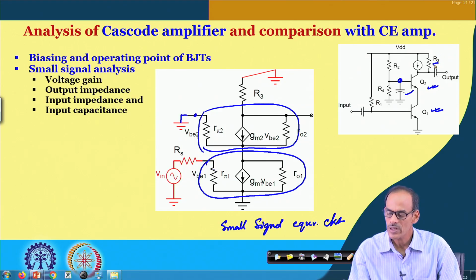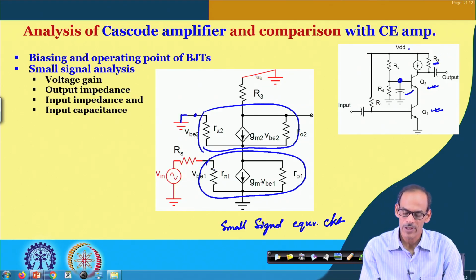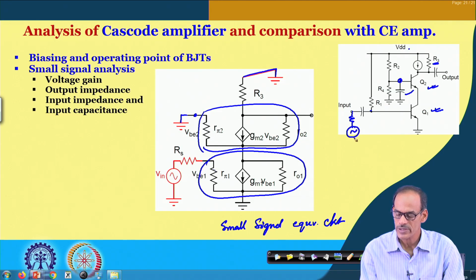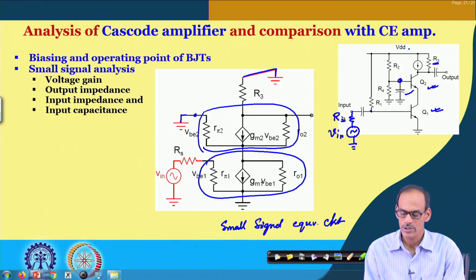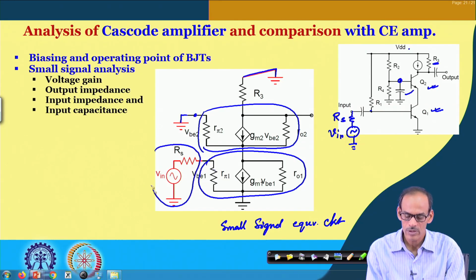Then R3 here is connected to the DC supply, so that is also connected to ground. At the input we are feeding the signal V in, and the source has source resistance of R s. This is the corresponding model for that.